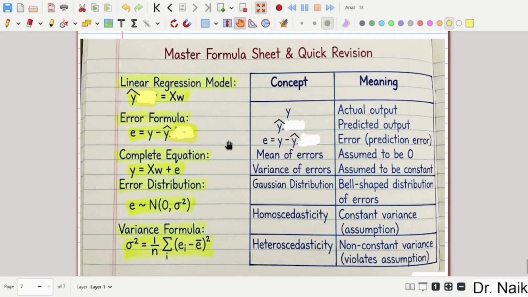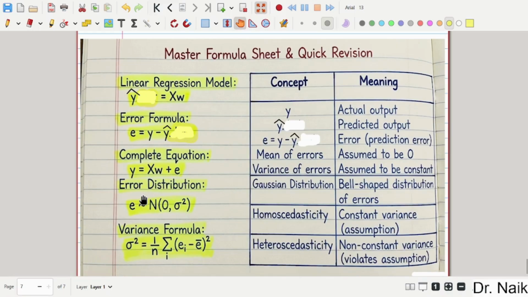The formula for linear regression is y hat is equal to x multiplied by w. Error formula is E is equal to y minus y hat, where y is the actual output, y hat is the predicted output, and E is the prediction error. So the complete equation is y is equal to xw plus E, where y is the actual output, xw is the predicted output, plus the prediction error.